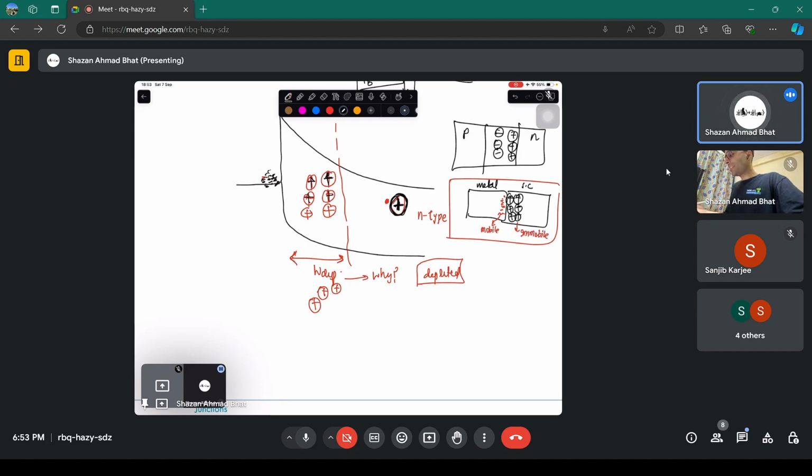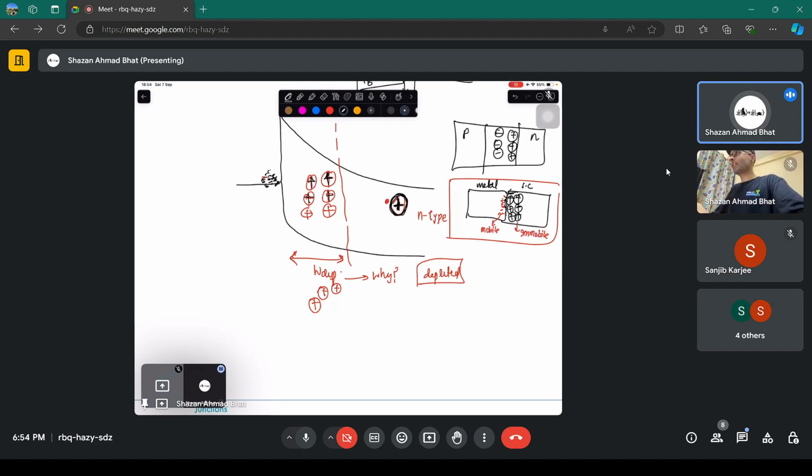But to balance the field, whenever there is a positive charge here, near the positive charge there will be negative charges attracted. So the electric field looks something like this. It just terminates at the metal. Electric field cannot exist inside the metal, from basic electrostatics, from class 12.